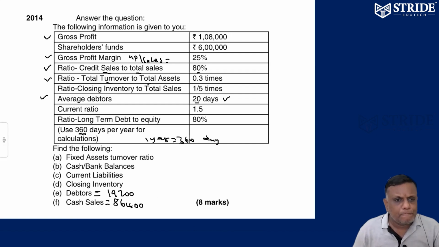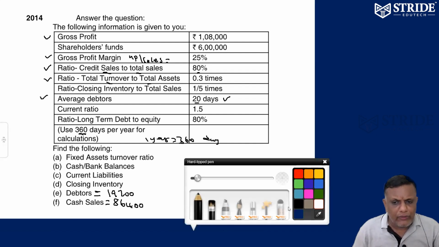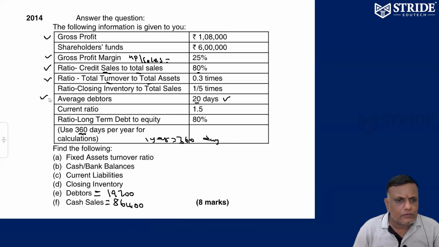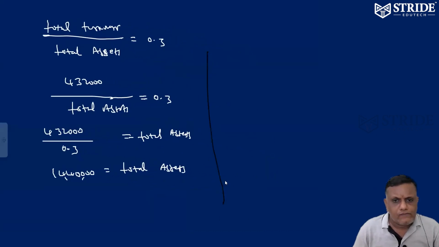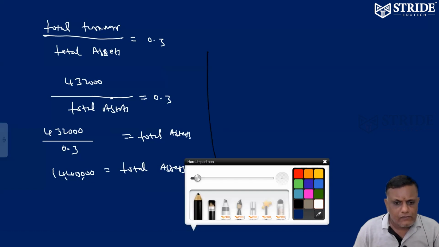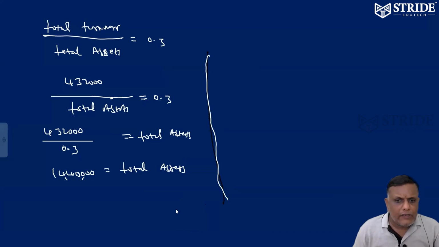Right. Next one. Next, my target is to use all the ratios one by one. Then closing stock by total sales is equal to 1 by 5 times. Now let me start with that.